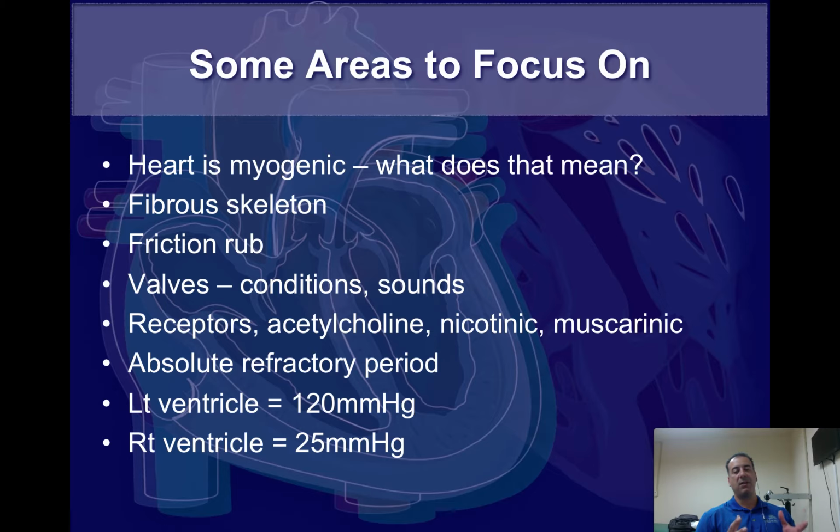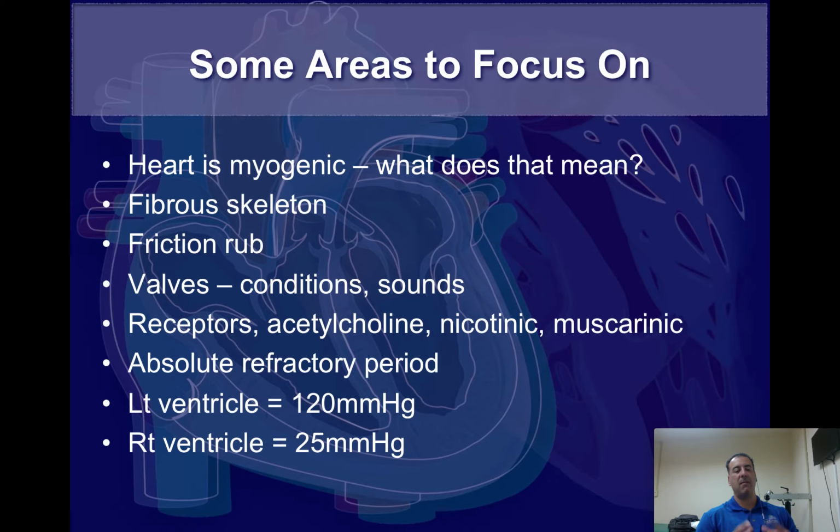The muscle's thicker on the left side because it has to eject the blood with oxygen to the systemic side, to the systemic body, right? It's pretty much the systemic system on that left side. The right side doesn't take much pressure because it's a thinner wall ventricle. It doesn't take much pressure to get from the right ventricle to the lungs because of the proximity of the lungs.